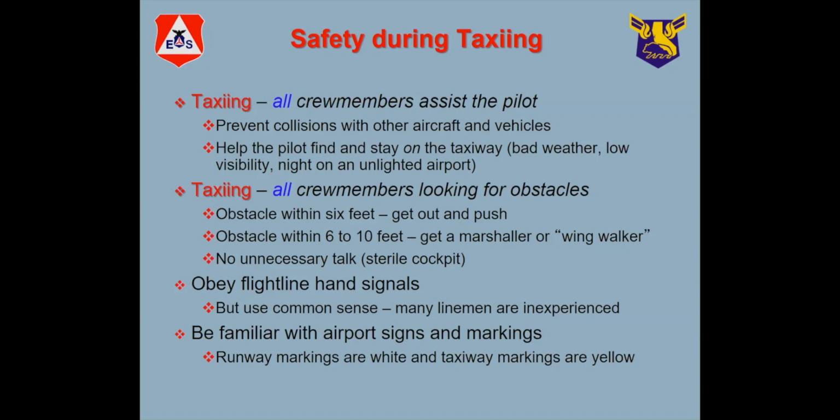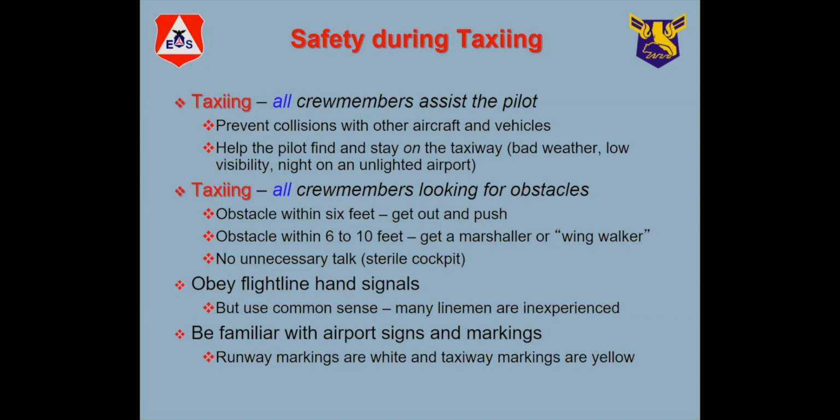Many of the airports that we operate from, even relatively simple ones like HANA, the procedure now that's standard is pulling out a taxi diagram, and they're available in a number of different places in different ways.